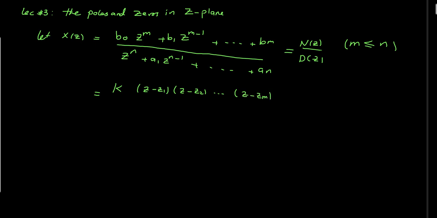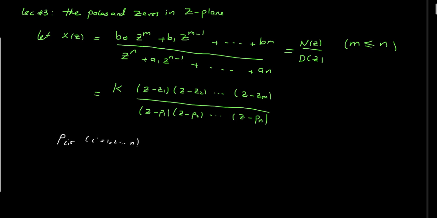Here I'm assuming that I have m zeros, over (z minus p1) multiplied by (z minus p2) until I reach (z minus pn), where the pi, where i equals 1, 2 until n, are the poles of X(z).